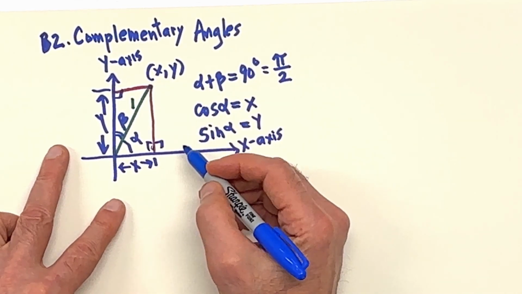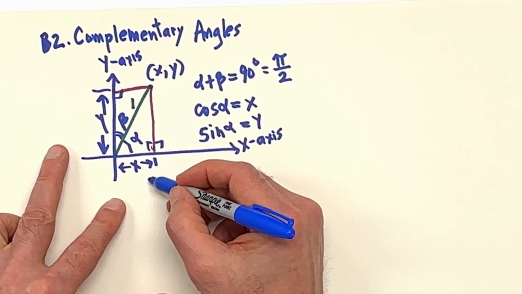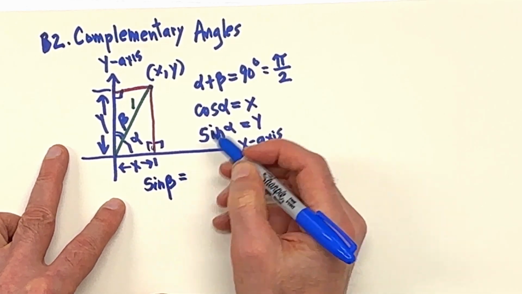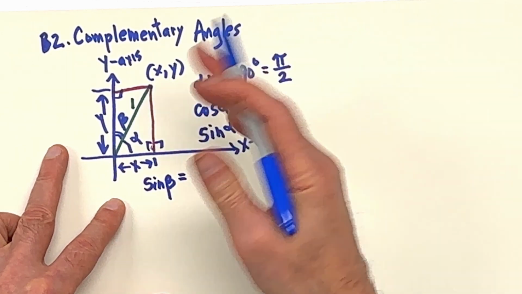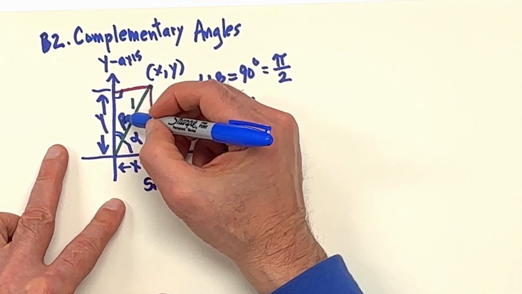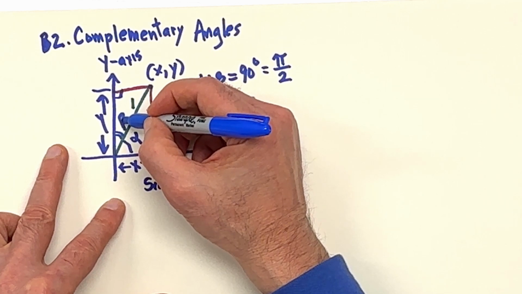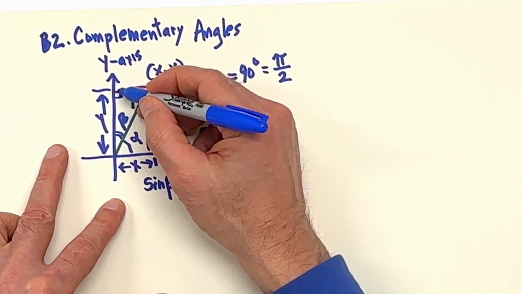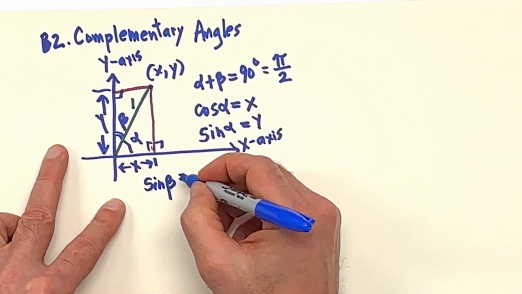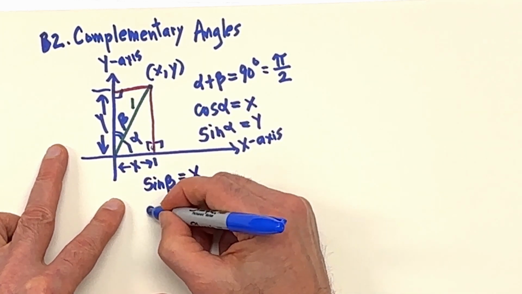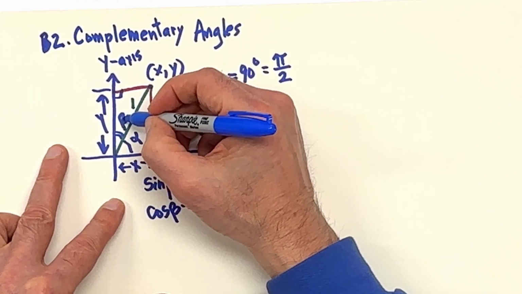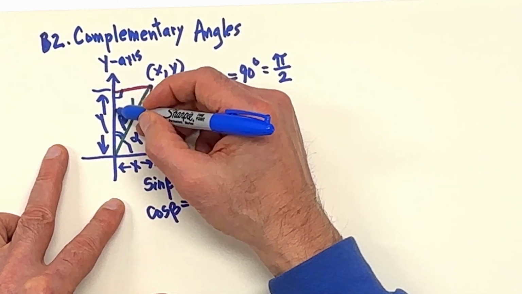So now if we look at the sine of beta, using the rule of opposite over hypotenuse, for the sine you want the opposite. So you would go here with the beta. The opposite side is the red one here, that's your x. So the sine of beta is x, and the cosine of beta would be the adjacent one.